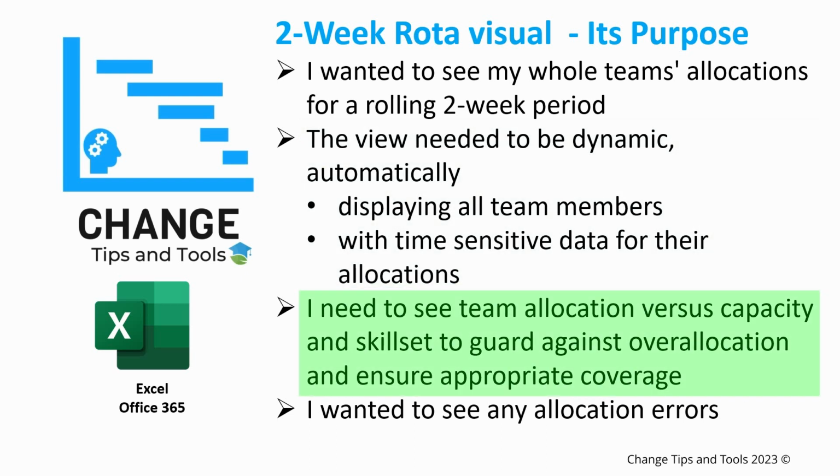I need to see the team's allocations versus their capacity and skill set to guard against over allocation while ensuring I've got appropriate coverage at the veterinary practice. In other words, if I haven't got enough vets or enough nurses in the right ratio, then potentially I won't be able to run the practice in accordance with regulations, for example.